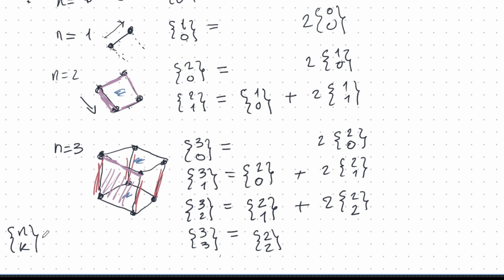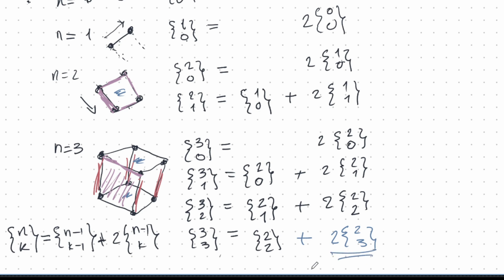Okay, nk equals n minus 1, k minus 1, plus 2 times n minus 1, k. Let's see this in action. Okay, so let's finish. I'll take another color and let's finish this. So this is going to be through, this is n minus 1, 2, and 3, but that's 0. Okay, so this is correct, this formula.